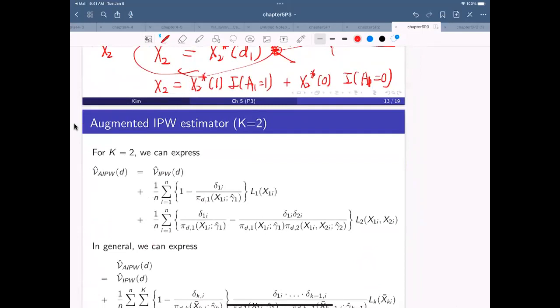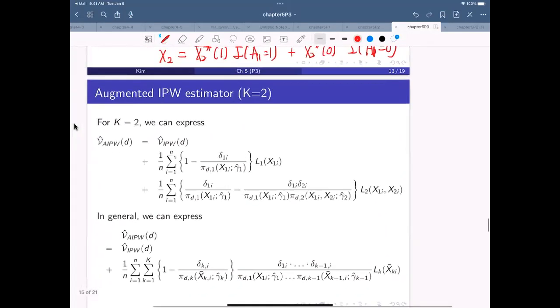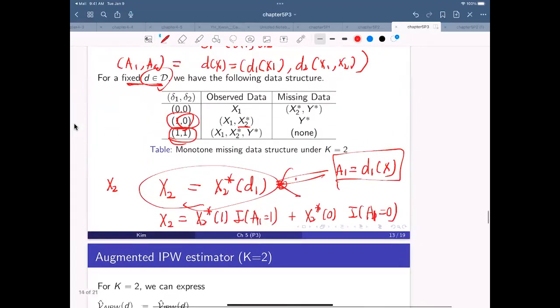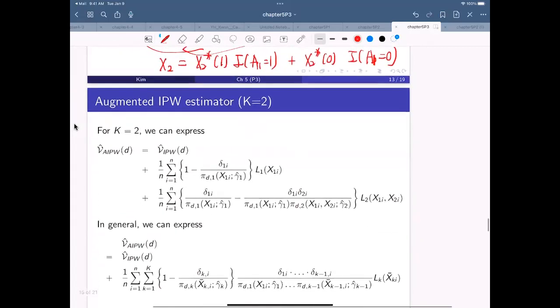That's why we have a summation over i equal to 1. This is any function. And then the last term is equal to 1 when delta 1 equal to 1. When delta 1 equal to 1, we observe X1 and X2 star, so my observed X1 and X2 are actually valid ones.